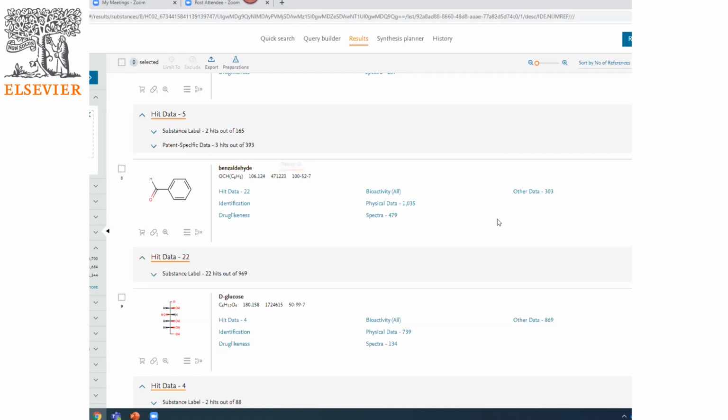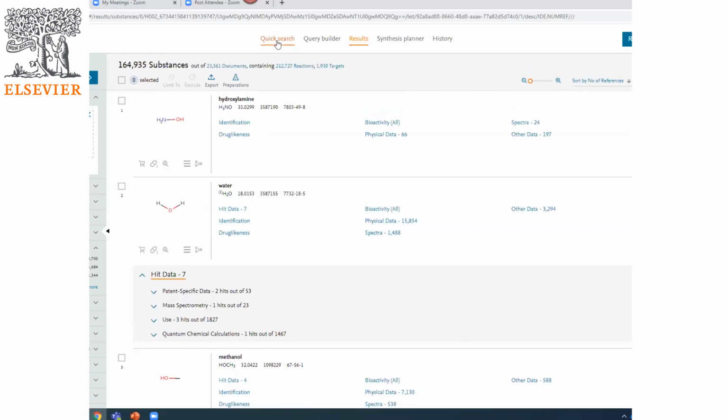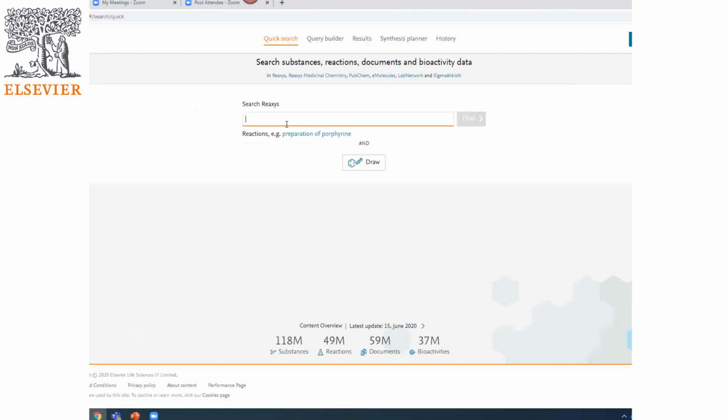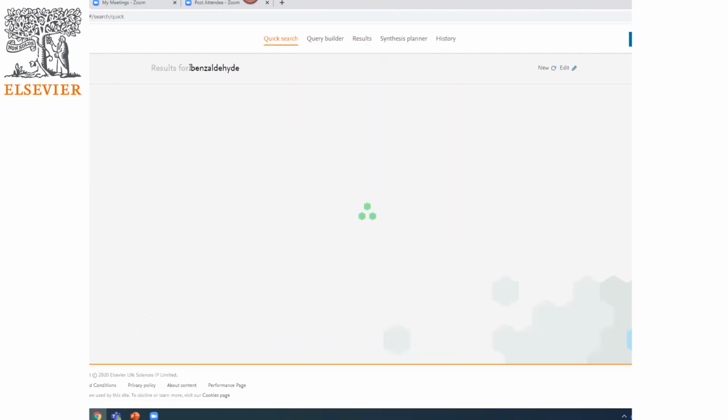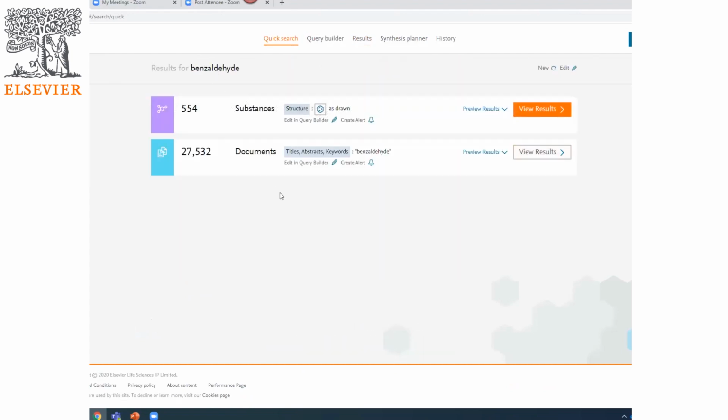So it's not all the documents where the word benzaldehyde appears, but only the documents where there is valuable information about this substance. If you want to find all documents related to the word benzaldehyde, I advise you to copy it to query, go to quick search and do the search by the word.